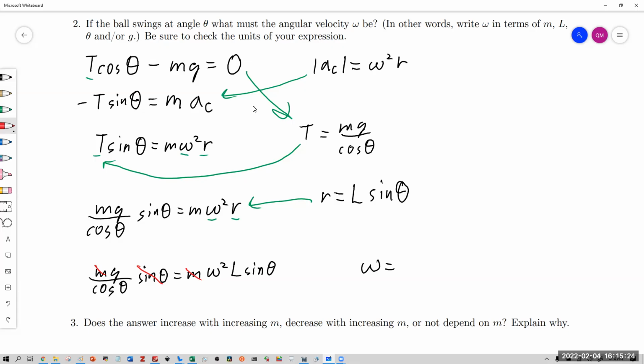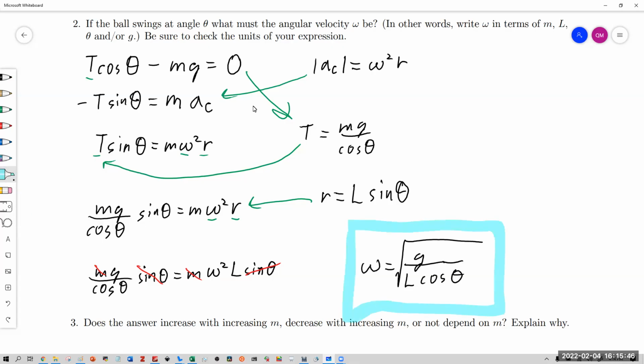So now I can cancel my sine thetas and divide by L. I get omega equals the square root of g over L cosine theta.